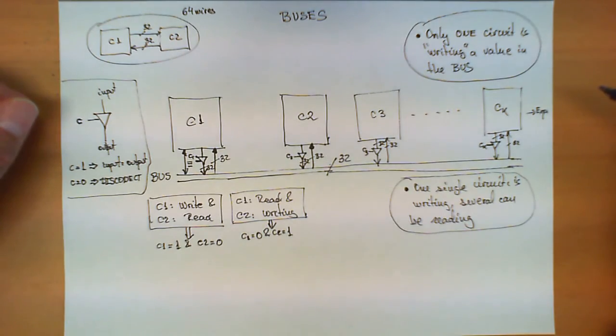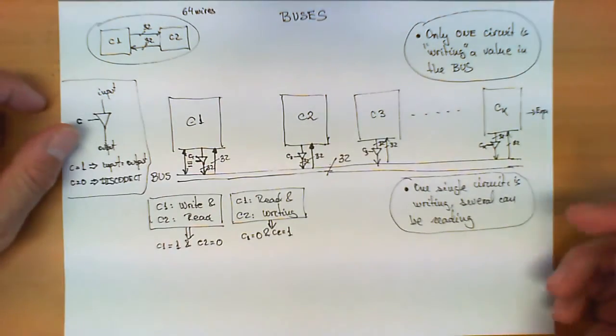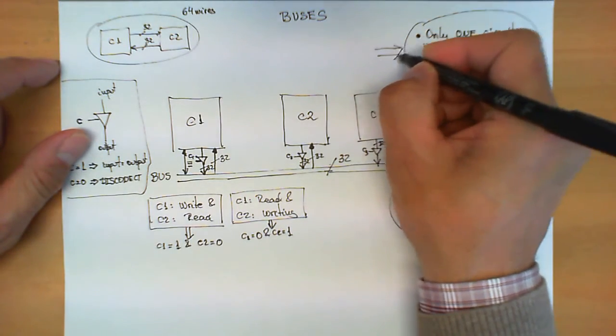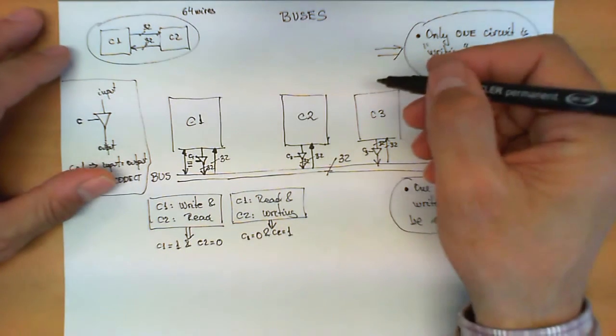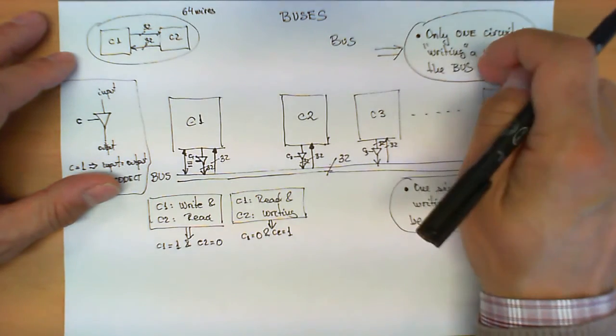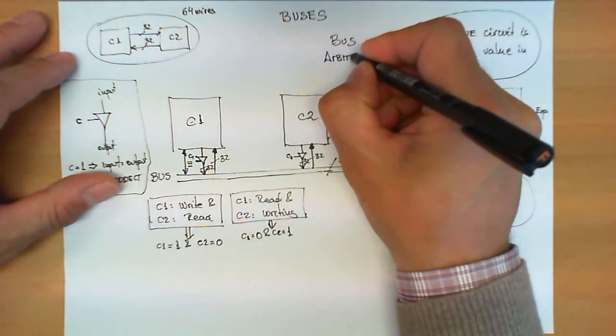Now, what happens when I have several of these circuits and all of them want to communicate something to the bus? In other words, how do we enforce this rule over here? There are various techniques, but one that is used very often is the design of a circuit specifically to enforce this rule, which is called the bus arbiter.